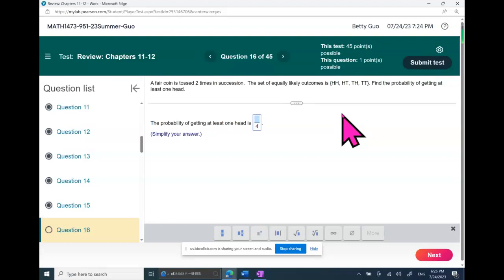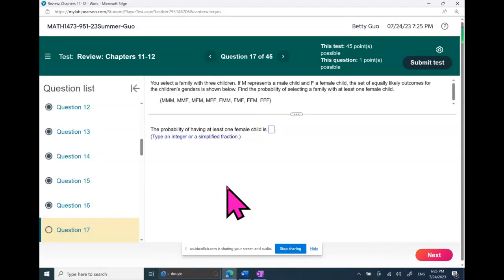At least 1 includes exactly 1 and exactly 2, because you only toss twice. Among the 4 outcomes, only 1 outcome has no head. All other 3 have at least 1 head, so 3 over 4. Pretty straightforward.